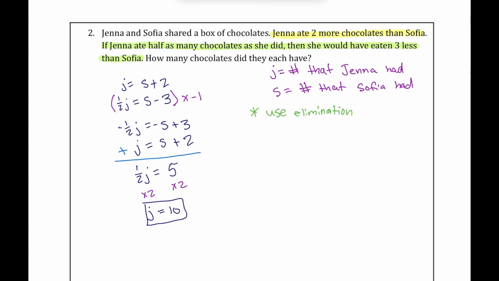Now to solve for S, now that we know that J is 10, we can simply take that 10 and plug it in for J. We'll use the first equation here. So that's going to become 10 equals S plus 2.